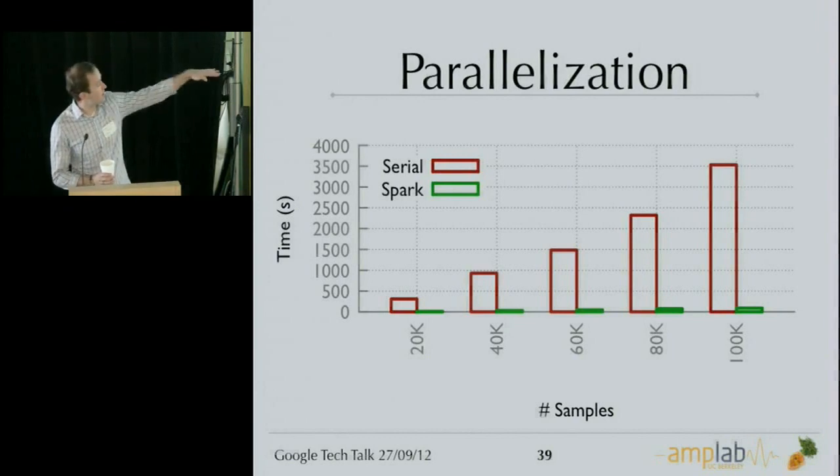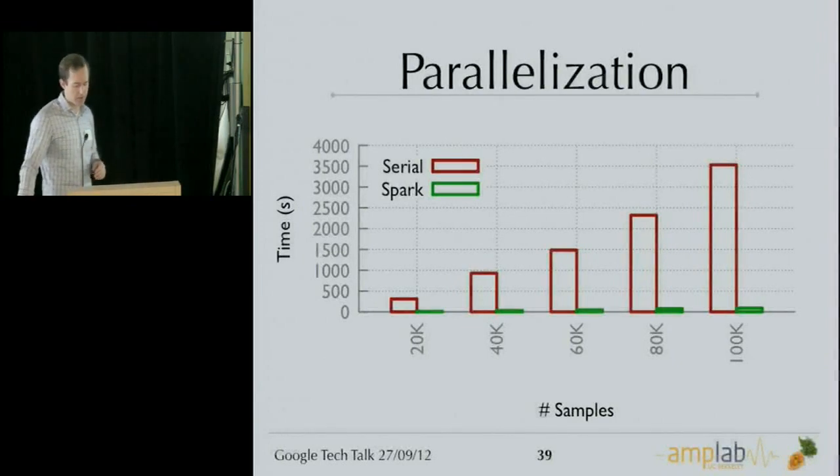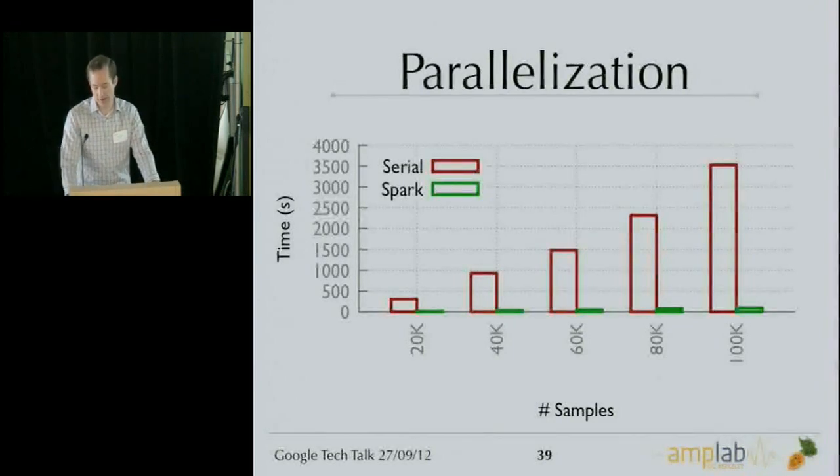And on the x-axis, you have the number of samples. So the red is the optimized serial implementation. And then the green one is when you actually parallelize this in Spark. Essentially, by the time we have the number of users that we currently have, which is about 340,000, the analysis would have taken more than a day to run if we had stuck with a serial implementation. In Spark, we can do the whole thing in about 45 seconds. From scratch.